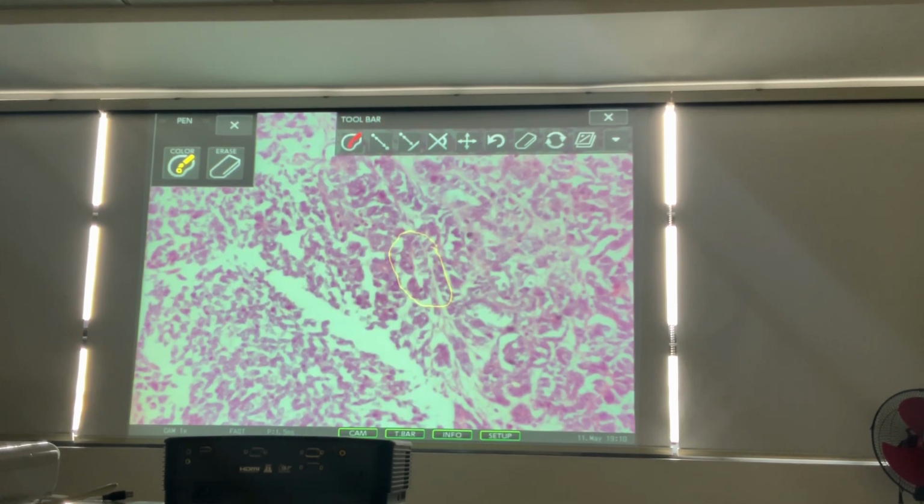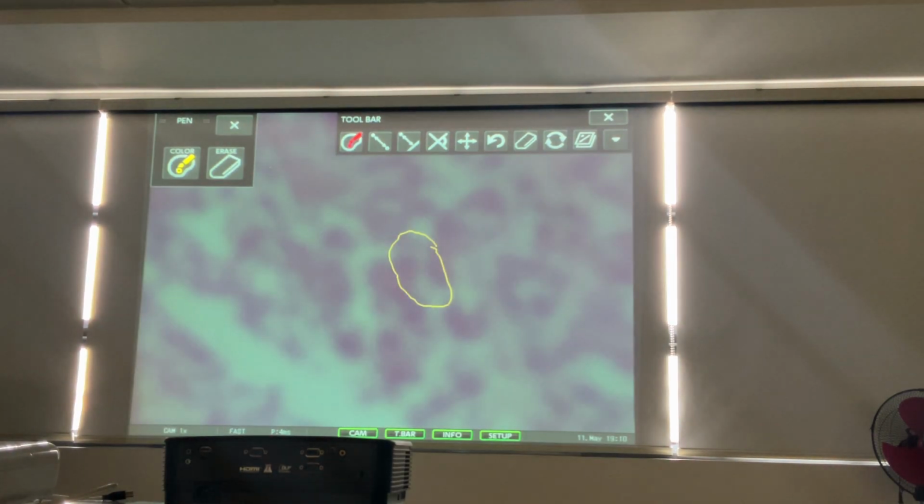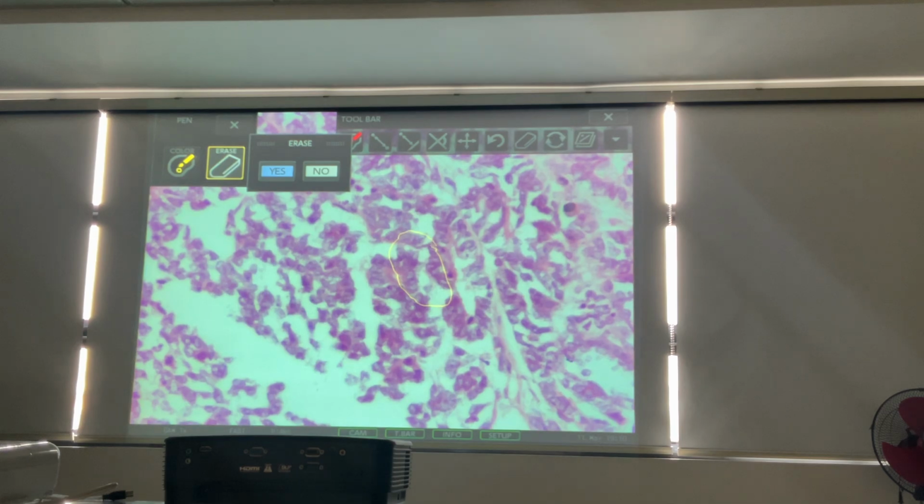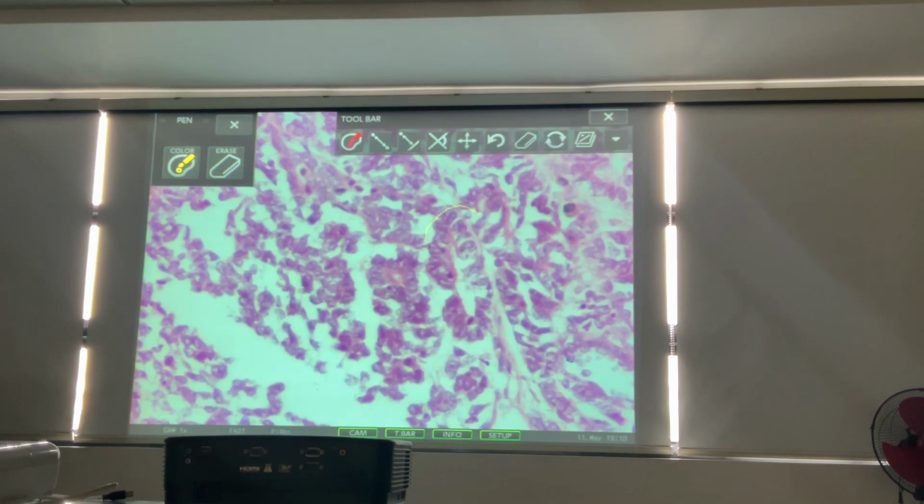You can see that they are lined by, okay. These are now your abortive tubules. Elongated, they have this lumen, and the lining is sort of a tall columnar cell.